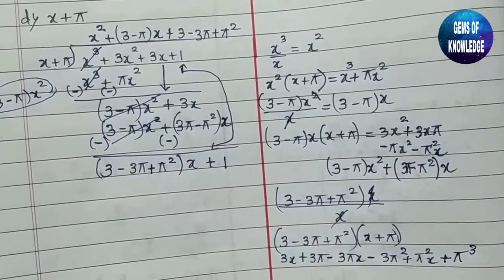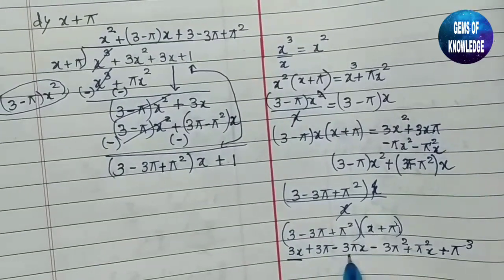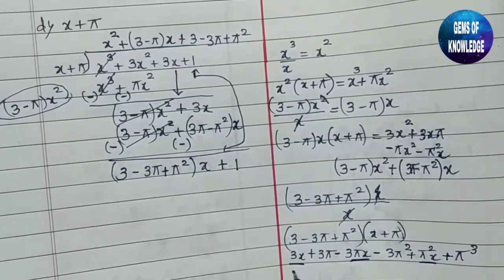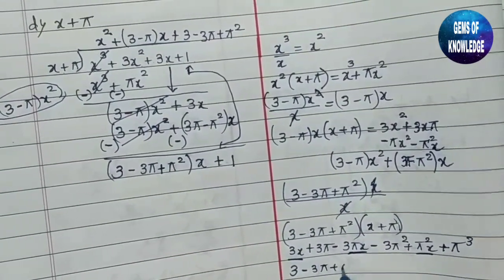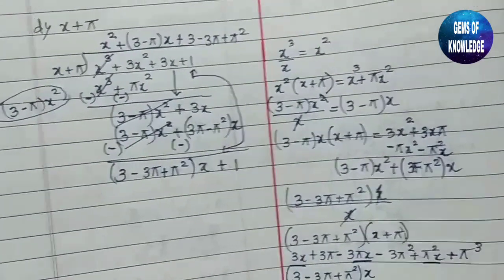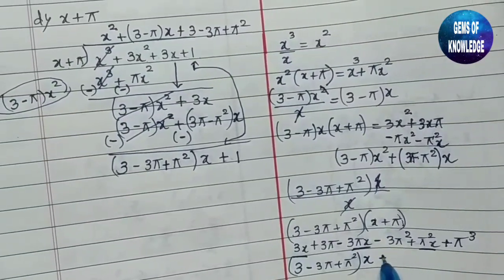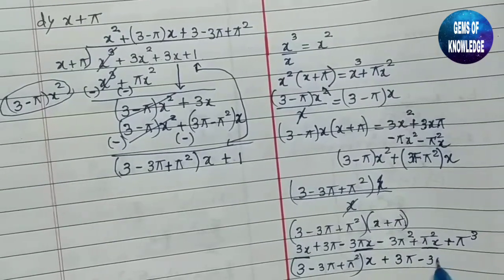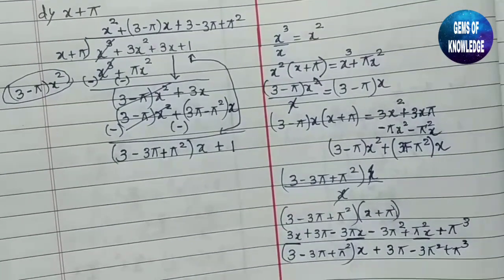Okay, so here you can see the term which contains x we will differentiate here. Here you can see x and it also contains x. So this can be written as 3 minus 3 pi plus pi square of x. Okay, then the remaining terms are plus 3 pi minus 3 pi square plus pi cube.